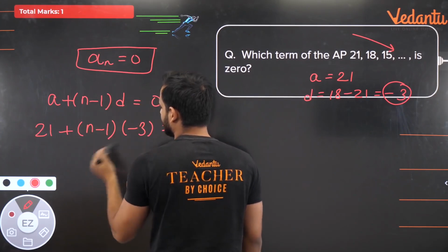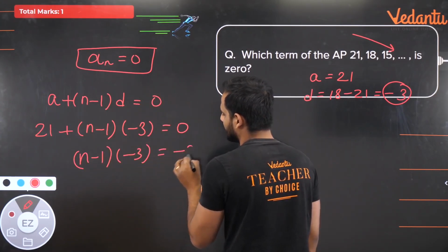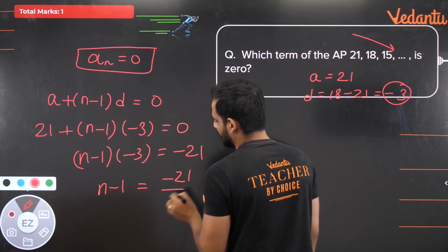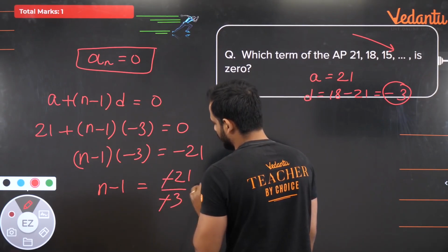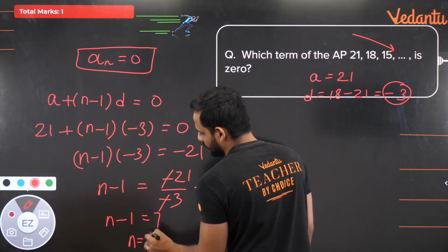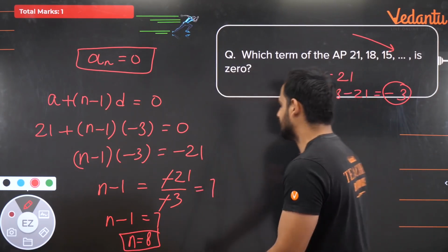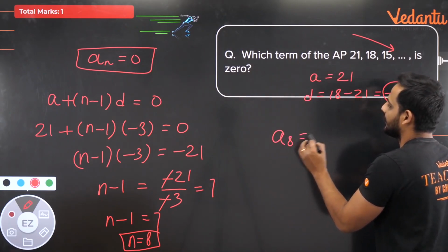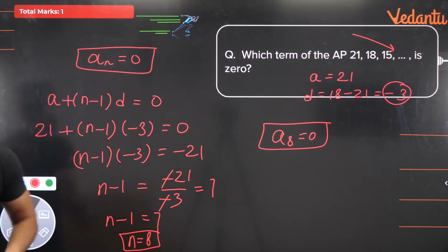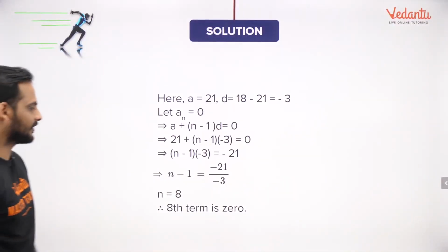So shift this 21 there: n minus 1 into minus 3 is equal to minus 21. Shift minus 3 in division: n minus 1 is minus 21 upon minus 3, which is equal to 7. So n minus 1 is equal to 7, which means n is equal to 8. So the eighth term will be equal to 0. Okay, is it clear? So this is how this question can be solved. Got it? The eighth term of this AP will be 0.